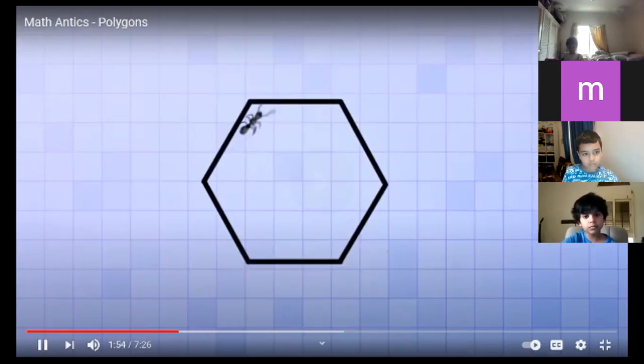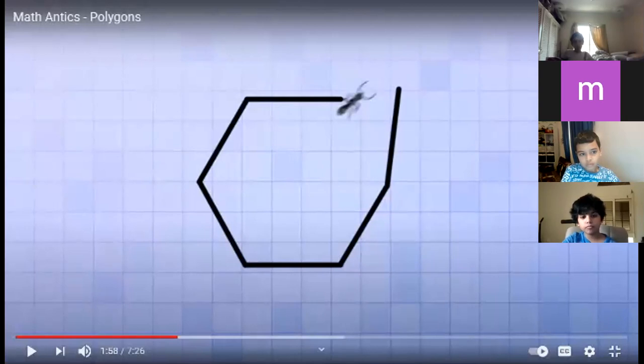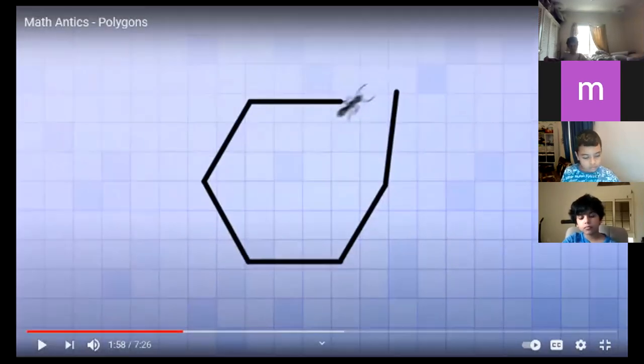Osama, can we say this is a polygon? This one, is it a polygon or not a polygon? We can find a gap. It's an open shape. Can we say it's a polygon?